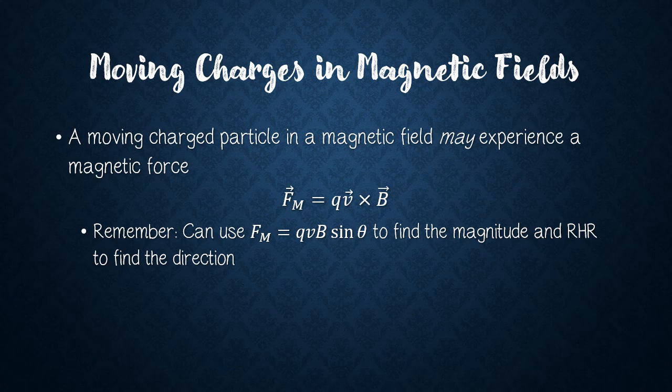So if we have a negative charge, then we want to plug in that negative sign for q. As a result, when using the right-hand rule with a negative charge, you want to make sure that your thumb points in the opposite direction of that charge's velocity to determine the direction of the force.